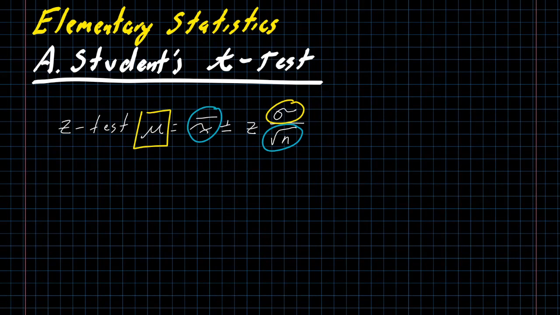And that's exactly what the t-test does. In the t-test, mu is going to be equal to x bar plus or minus this new thing we're going to call t, which we multiply by s over the square root of n.